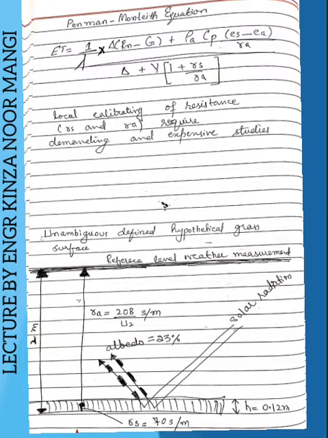But here a question arises about these two resistances, Ra and Rs. When we measure these resistances, we require expensive equipment.